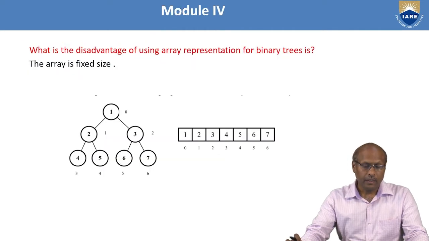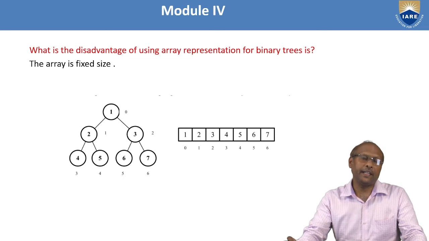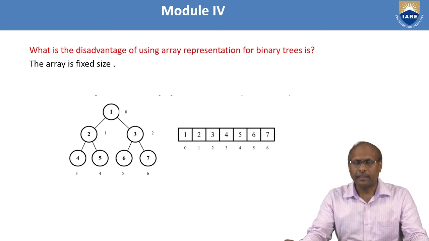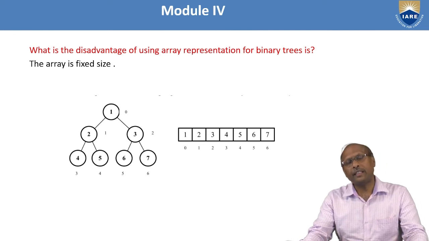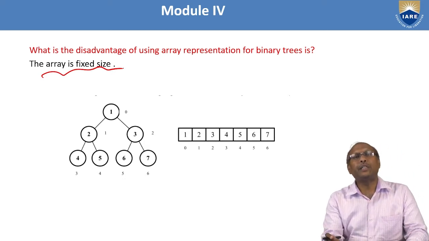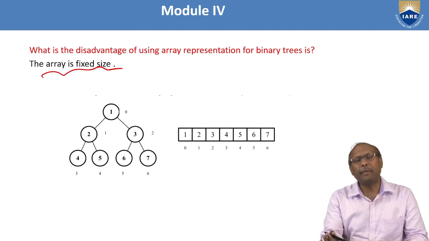Next, what is the disadvantage of using array representation for a binary tree? Remember, a binary tree can be represented using an array, but there is a disadvantage. The array has a fixed size, which cannot grow. That is the main disadvantage.